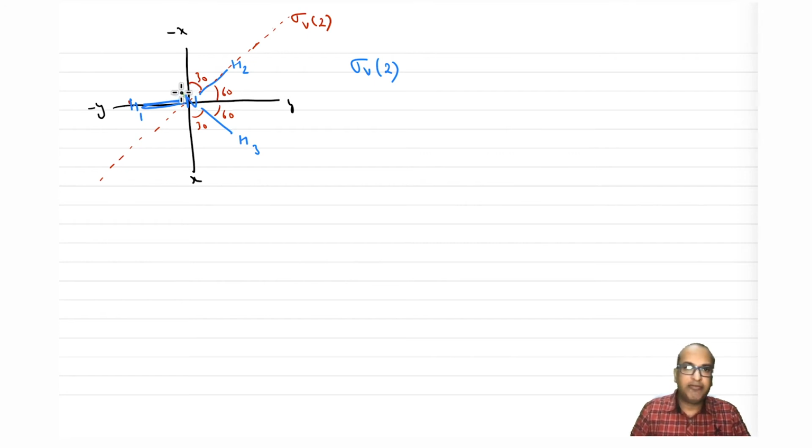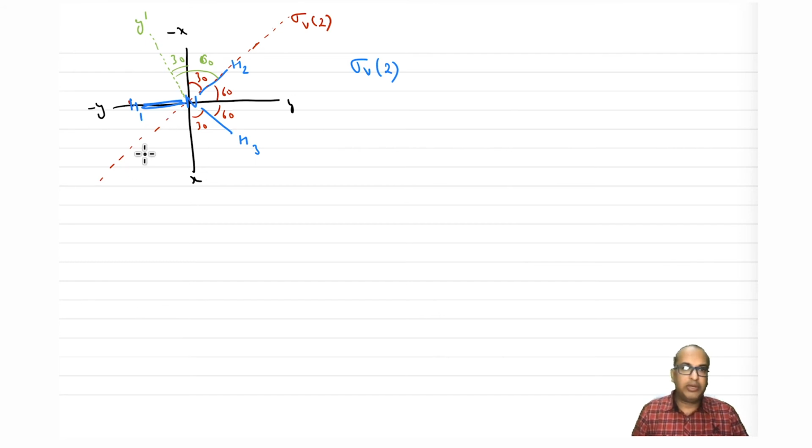So the y will be going somewhere here. Let's call it y prime, right? Now this angle will be 60. So this will be 30 degrees. This complete will be 60, because this was 60, so this will be 60. It is not to scale, so you can see that it is not, right?